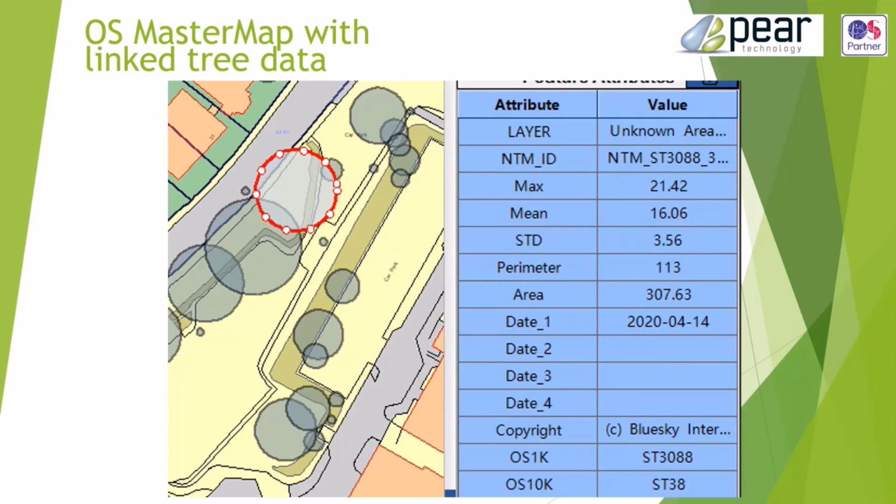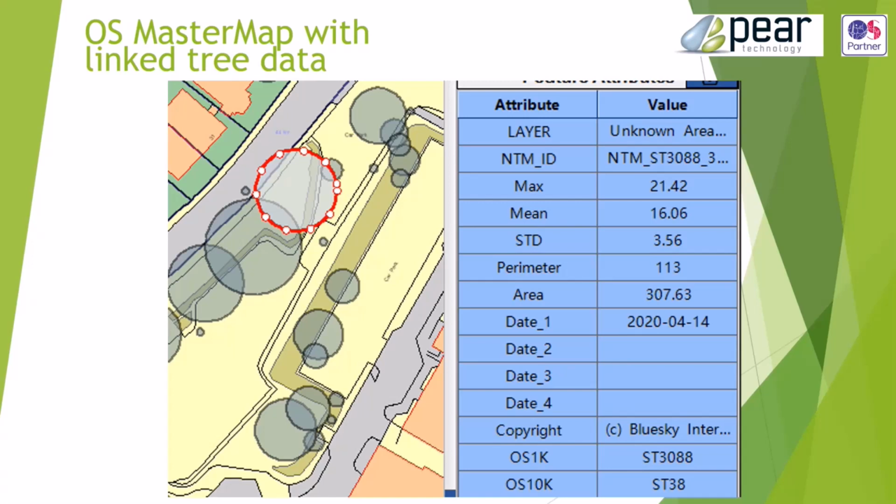Having done that and brought that onto the map, it's then very quick and easy to select all of the crown area. That works out a total area of crown spread in your parish, and you can then compare that area, the area of crown spread, to the total area of parish map, which will then give you a percentage of canopy cover for your parish.